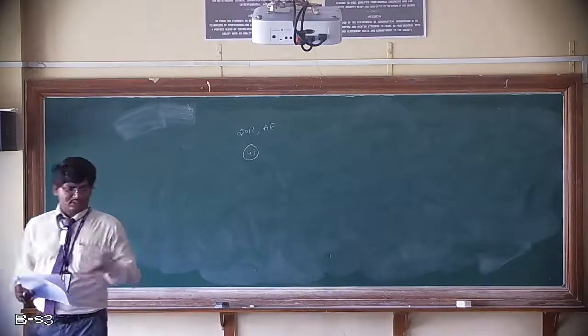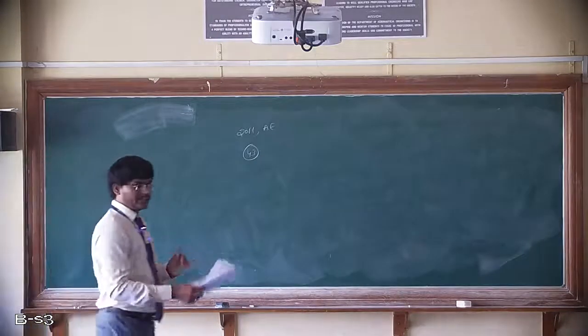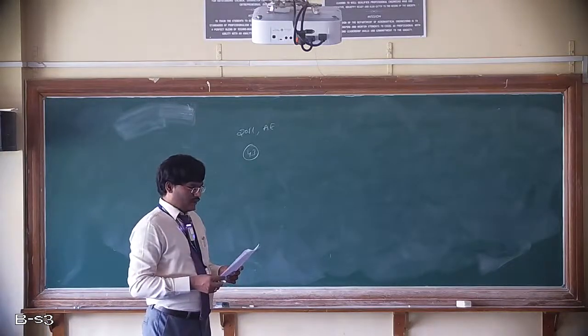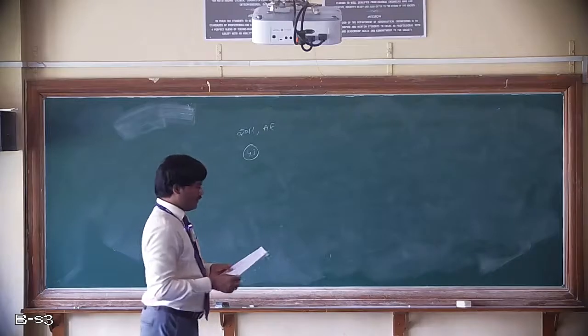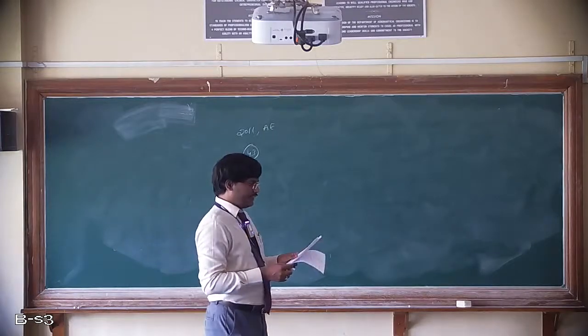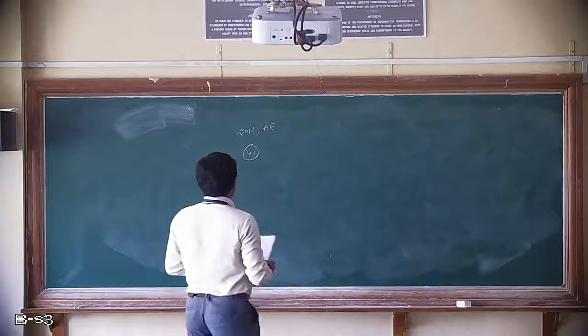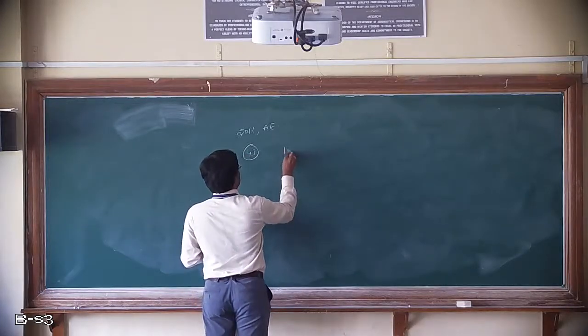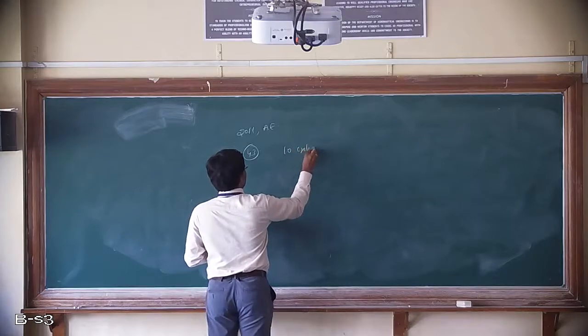They gave an aircraft in level flight that encounters a vertical gust which excites the Phugoid mode. The aircraft is in level flight, suddenly some vertical gust attacks, and because of that the Phugoid mode is excited. So what will happen?